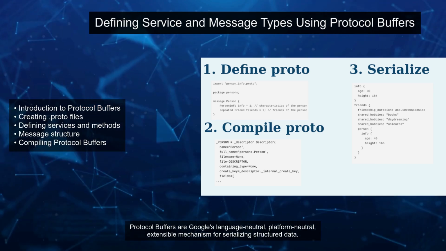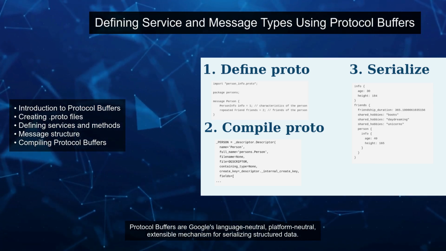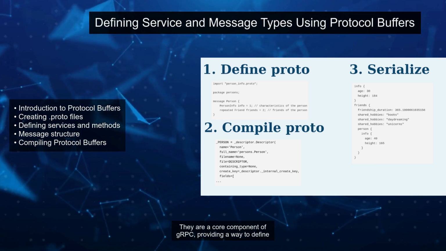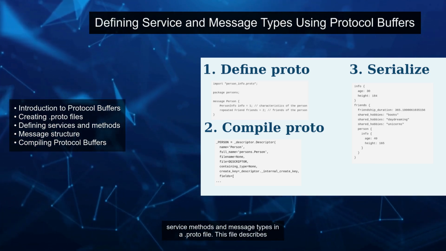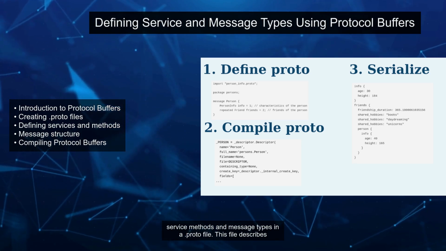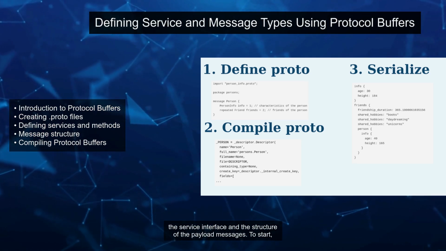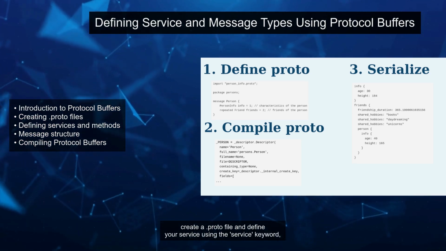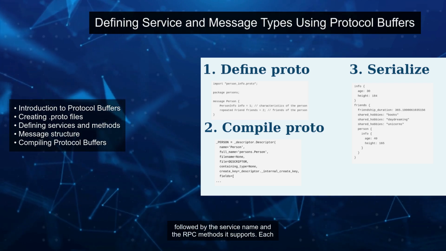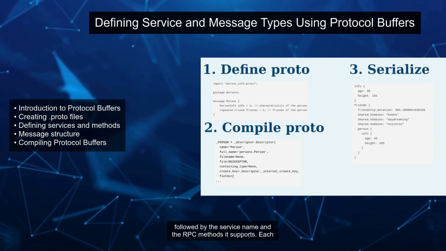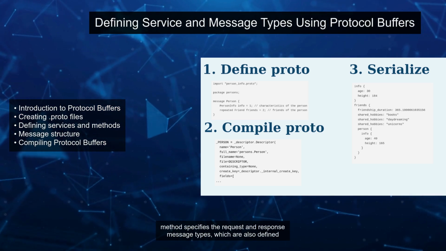Protocol buffers are Google's language-neutral, platform-neutral, extensible mechanism for serializing structured data. They are a core component of gRPC, providing a way to define service methods and message types in a proto file. This file describes the service interface and the structure of the payload messages. To start, create a proto file and define your service using the service keyword, followed by the service name and the RPC methods it supports.